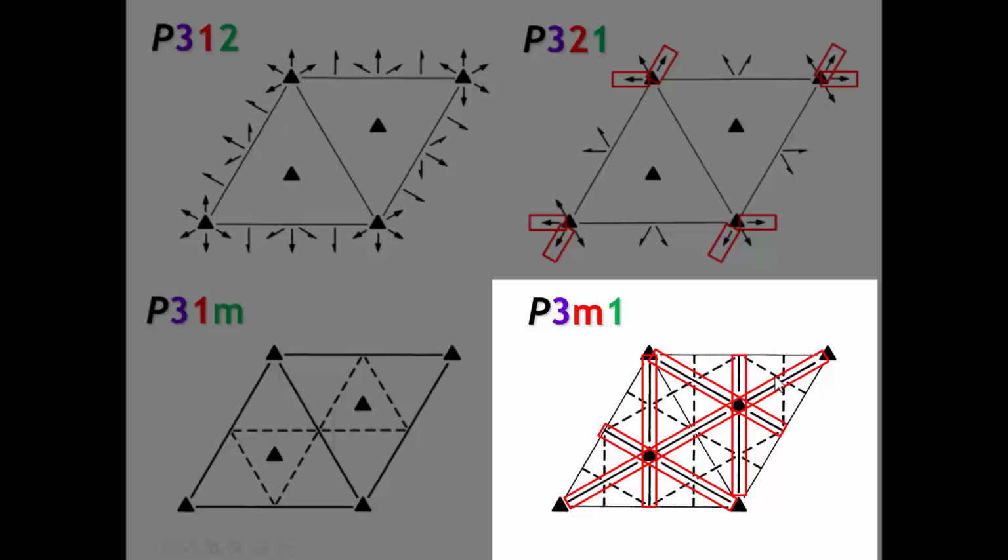And as it turns out, actually, this is oftentimes the easiest thing to look for. So if you have a mirror that is going to be in the second position here, then we look for it along the long body diagonal.